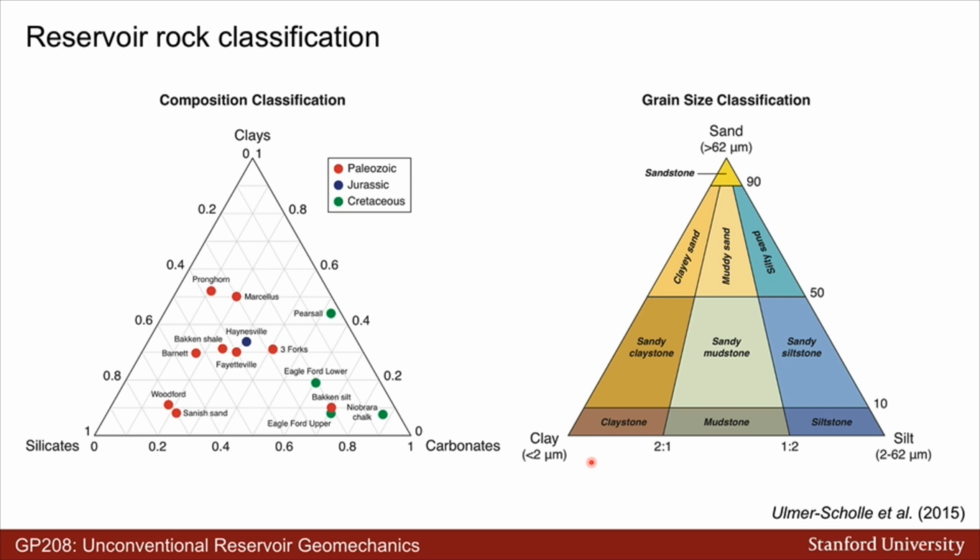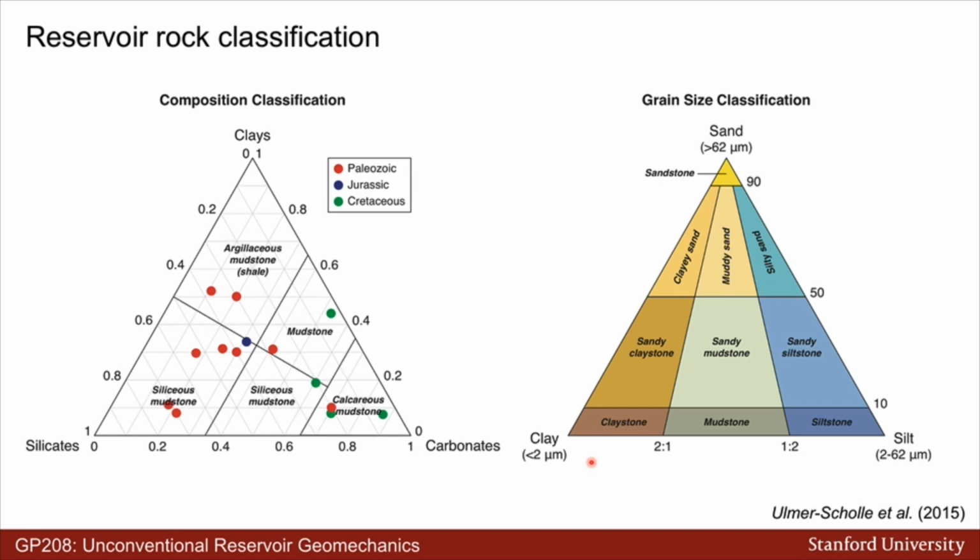Now, if we return to the plot on the left, we can draw some distinctions about the different compositional groups here. This is a fairly detailed classification, but it helps us to some degree understand the different types of reservoir rocks. In this bottom right corner, we have extremely carbonate-rich samples, which we might call calcareous because of their composition and mudstones because of their fine grain size.